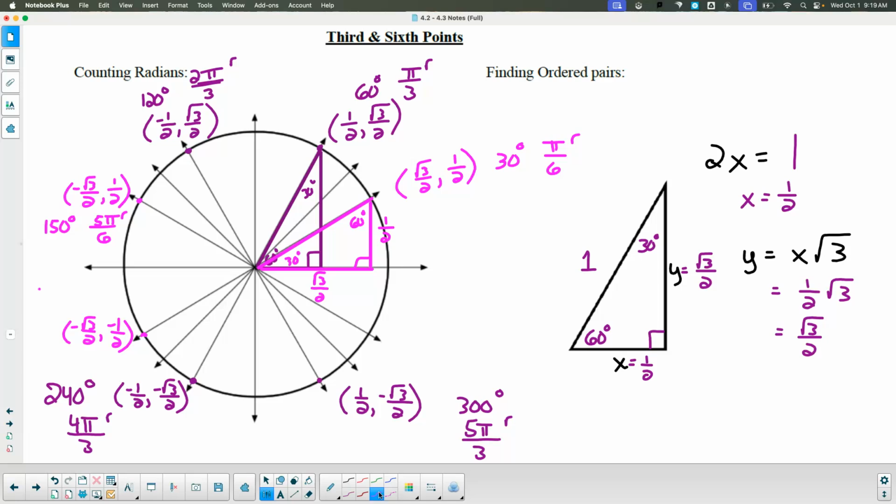It would be 210 degrees, or 7 pi over 6 radians. Over here, it would be square root 3 over 2, comma, negative 1/2. It would be 330 degrees, and it would be 11 pi over 6 radians.